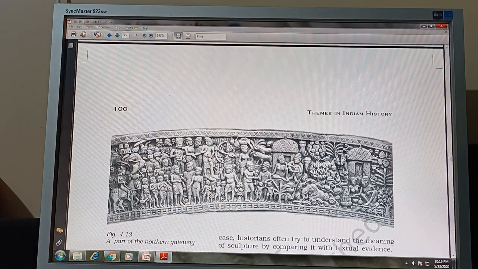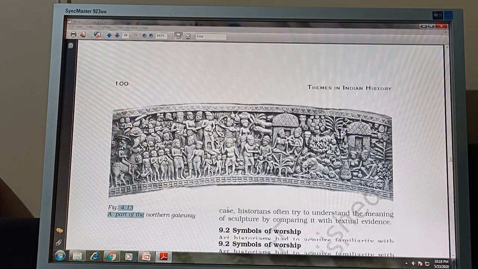So this is what your picture 4.3 depicts. This is the story of the prince. But if you just look at this sculpture, it seems like ordinary rural life.